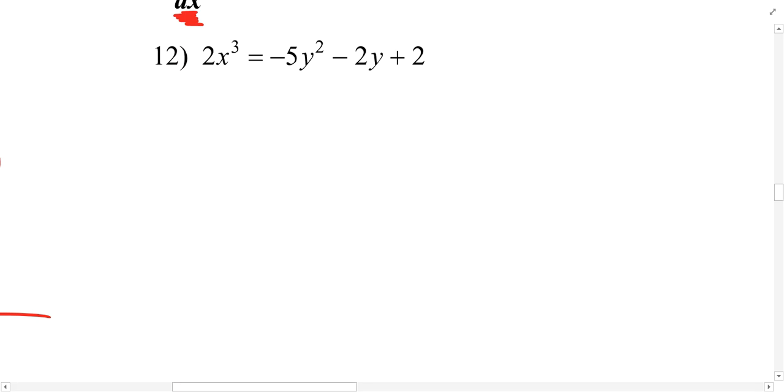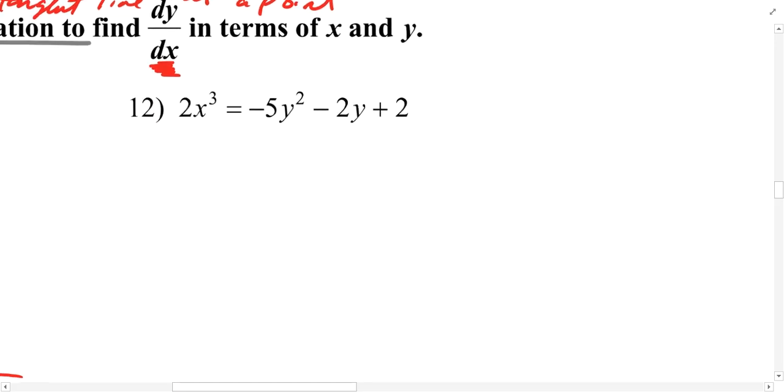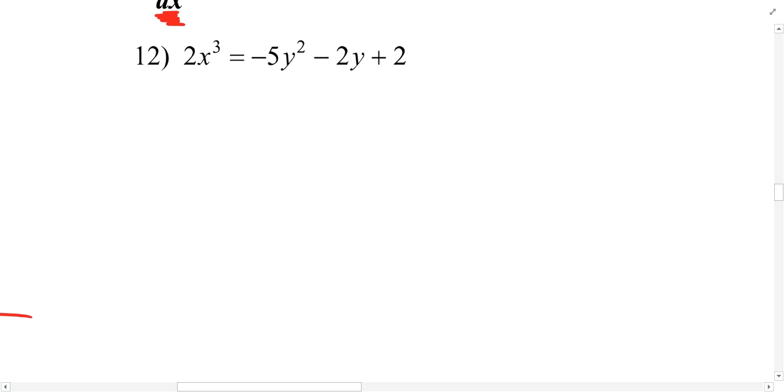So since we're finding the derivative with respect to x, the first thing we must do is apply the differential to both sides of the equation. So the derivative of 2x cubed in terms of x is simply 6x squared. And on the right, we've got negative 10y times dy/dx.